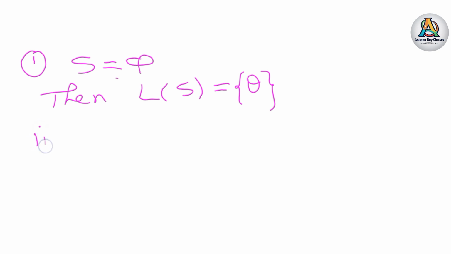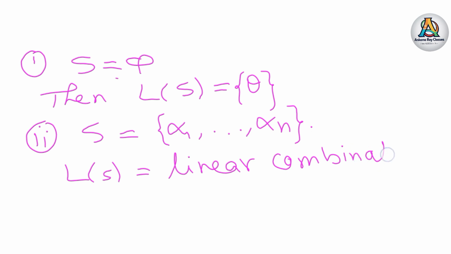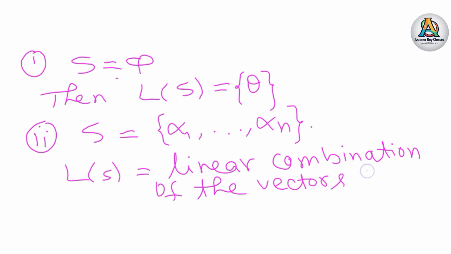And if S is a non-empty finite set, that is alpha 1, alpha 2, up to alpha n, then L(S) is the set of all possible linear combinations of the vectors alpha 1, alpha 2, up to alpha n.